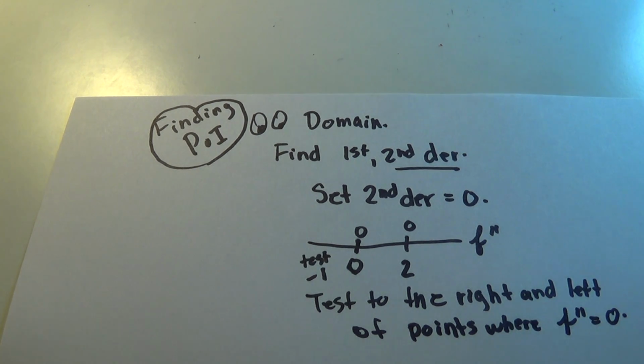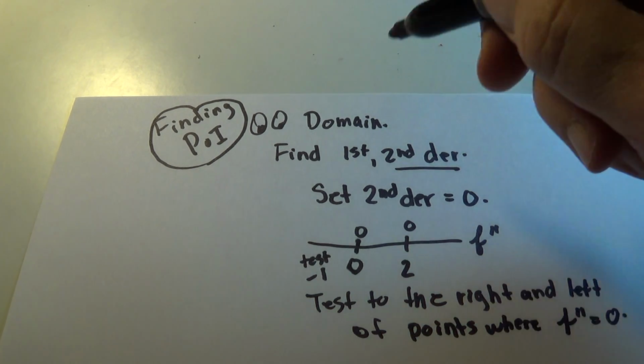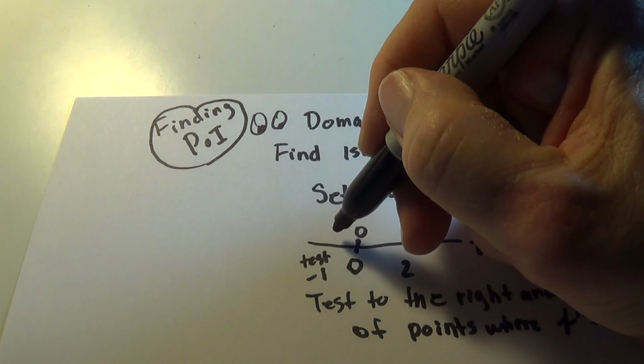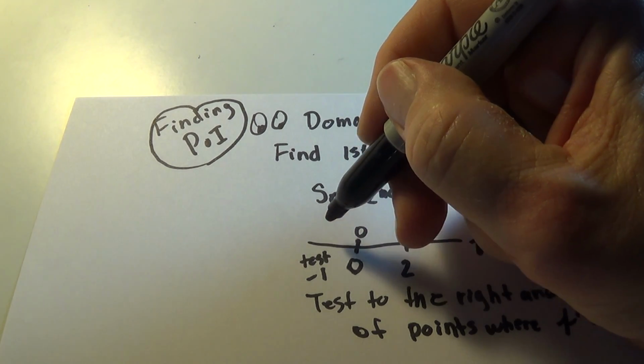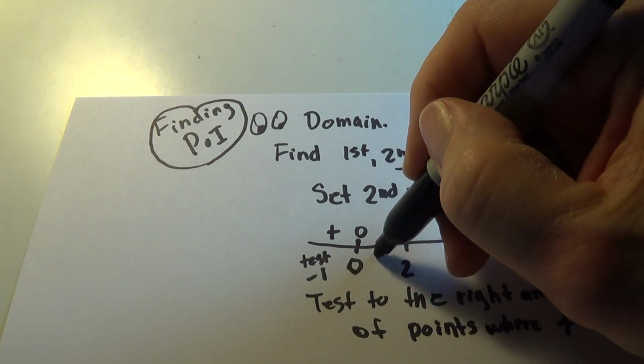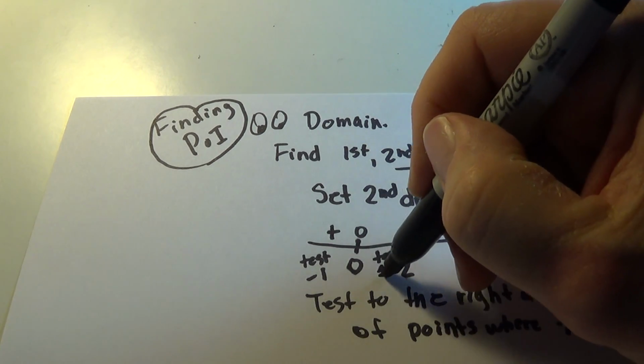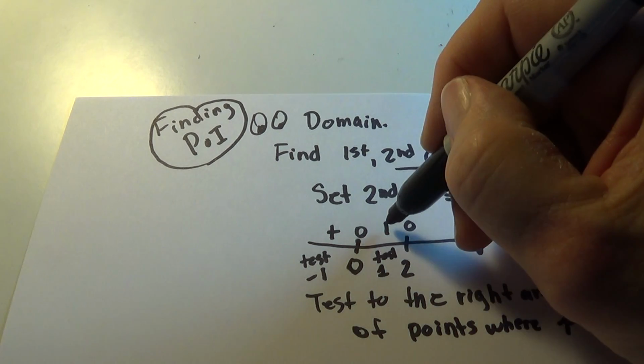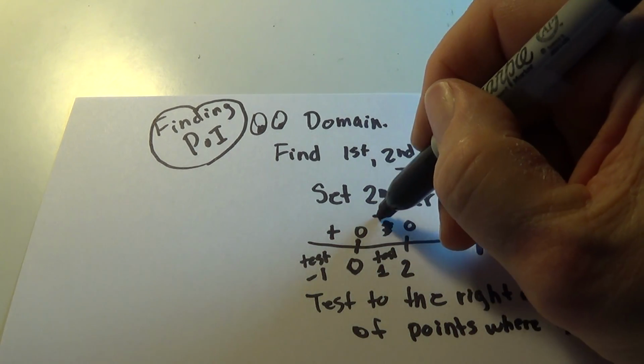Say I test over here and we get -1 and we find that it's positive. And then here we test 1, and putting it into the second derivative, we see that it is negative.